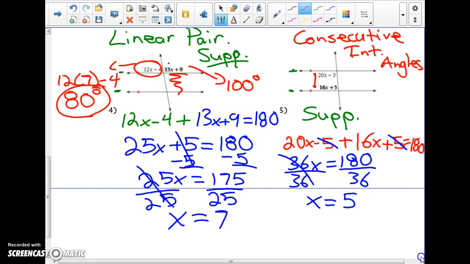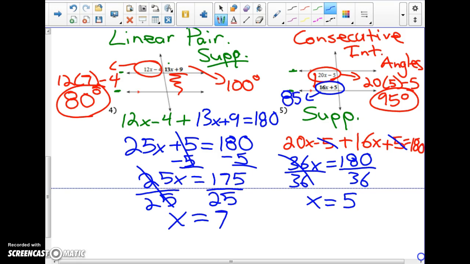Now I'm only going to plug into one of these, and I'm going to do the first one. I'm going to do 20 times 5 minus 5. You do your algebra on that one, you wind up with this one is 95 degrees. The other one, I would just do 180 minus 95, and you wind up with this angle right here is 85 degrees.